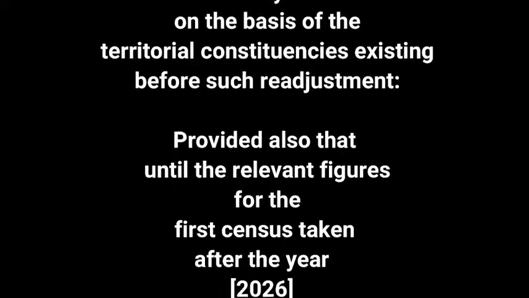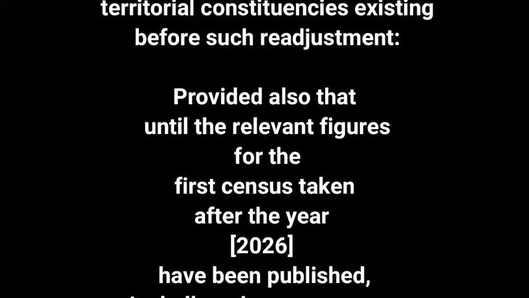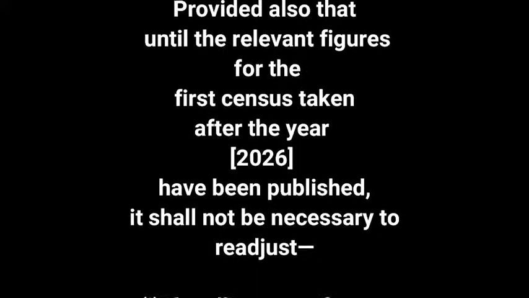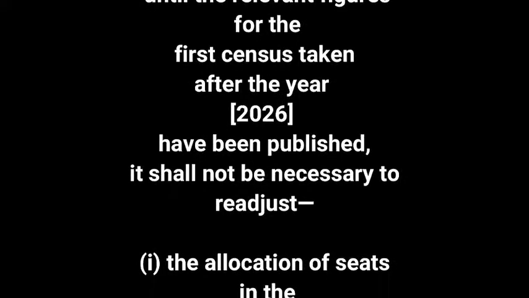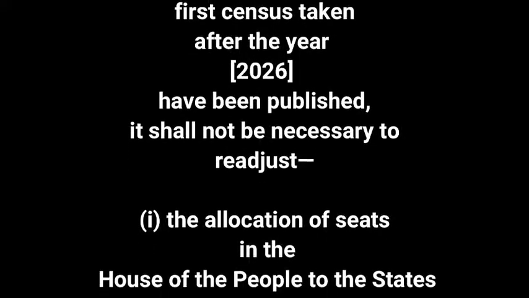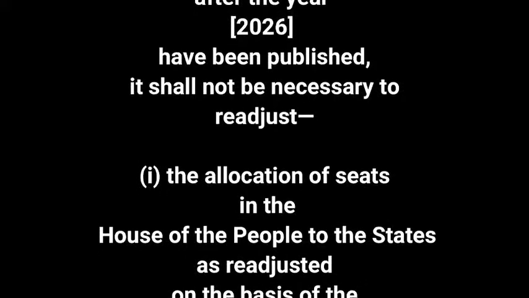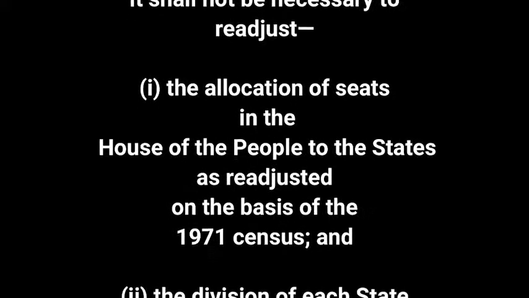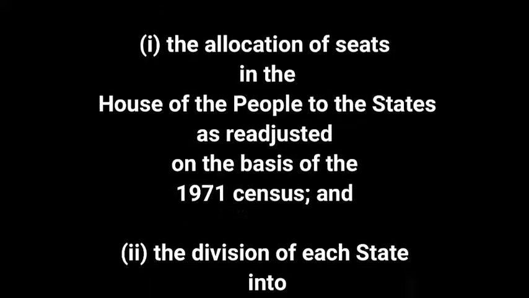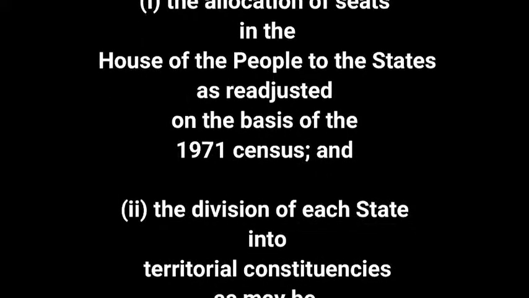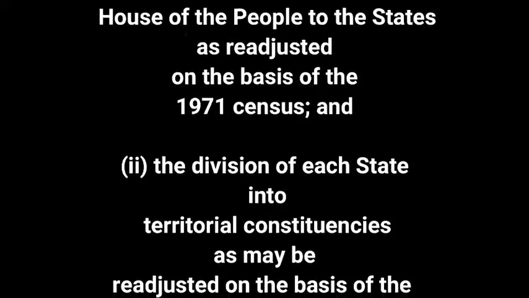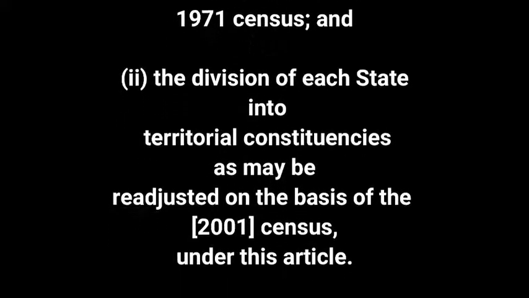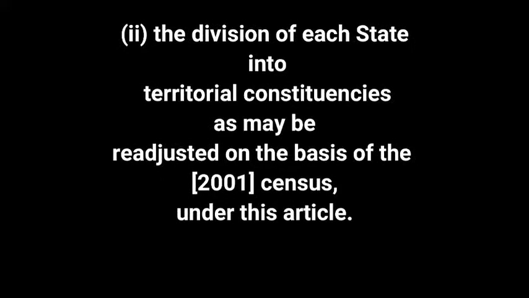Provided also that, until the relevant figures for the first census taken after the year 2026 have been published, it shall not be necessary to readjust the allocation of seats in the House of the People to the states, as readjusted on the basis of the 1971 census. And 2. The division of each state into territorial constituencies, as may be readjusted on the basis of the 2001 census, under this article.